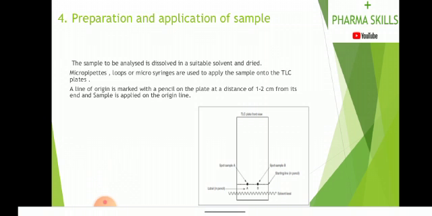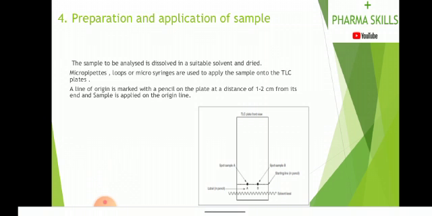Now we apply the sample on the TLC plate. A line of origin is marked. First we make the line of origin, marking it with a pencil. We can draw a line and spot the sample from this line at 1 to 2 centimeters distance, and then apply the sample on the origin line we have drawn.